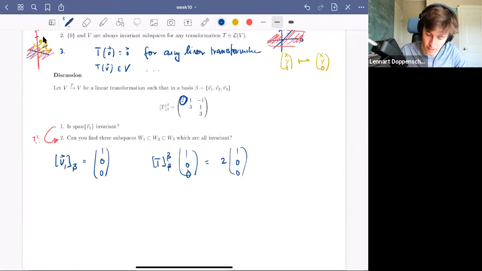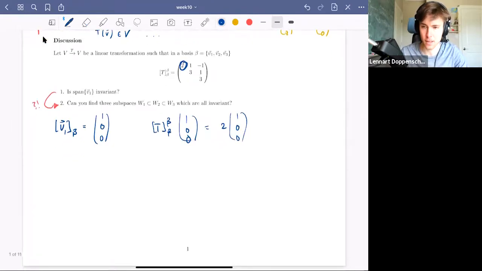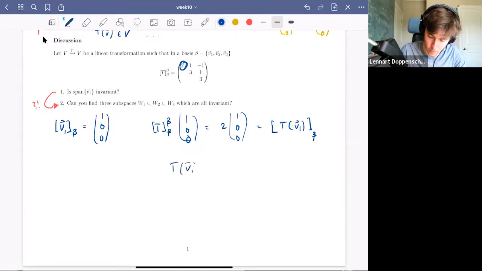And because matrix multiplication is set up so that this is exactly the tuple representing T of V1, this means that T of V1 is really just 2 times V1. And so this means it is still in the span of V1.